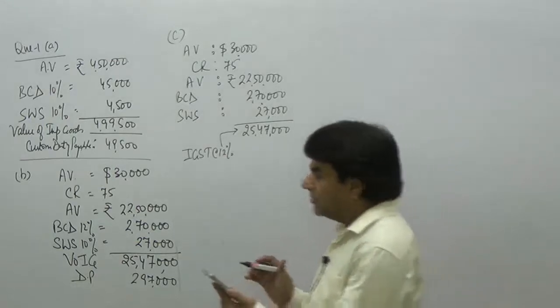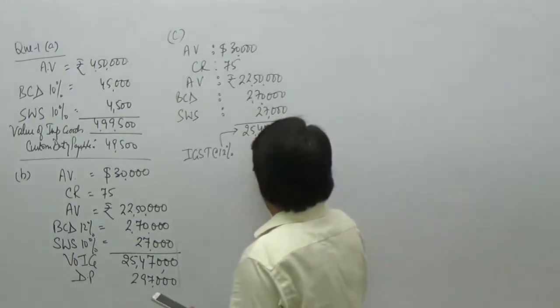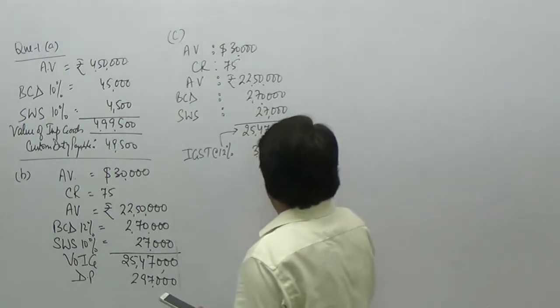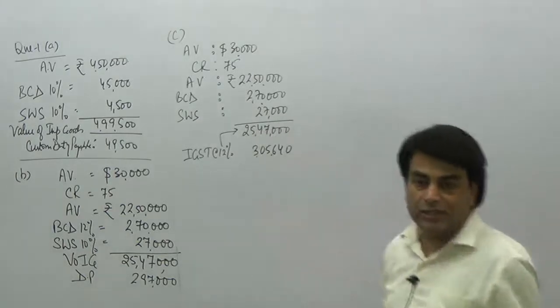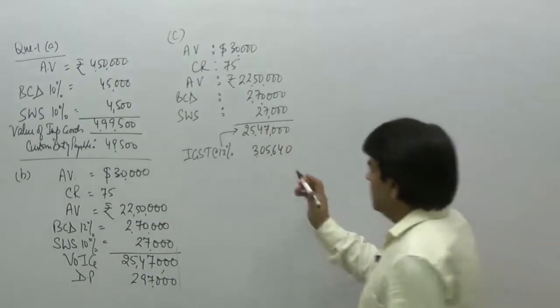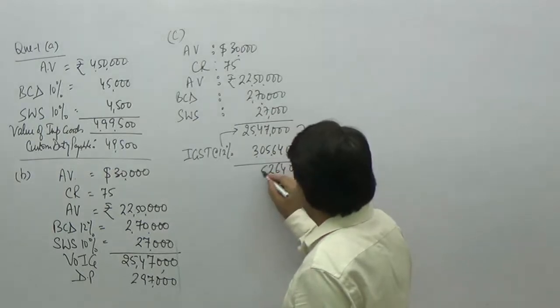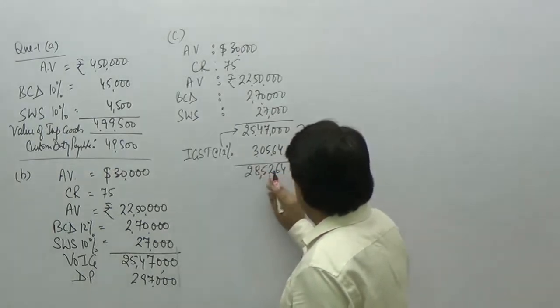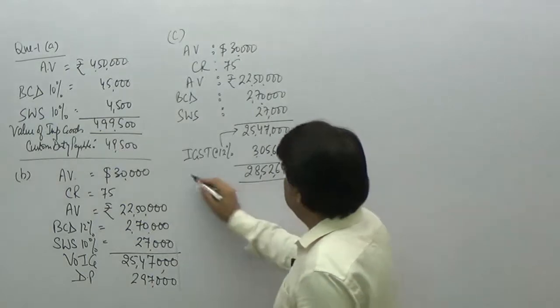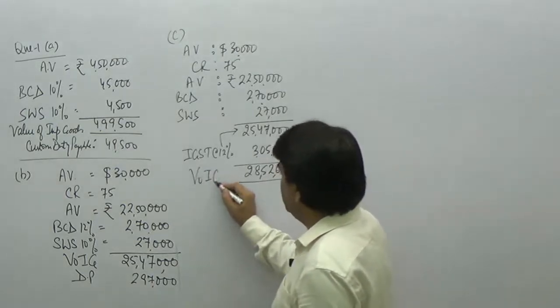This is 305,640. This is the amount of IGST. Now make a total of these two. So this is your value of imported goods.